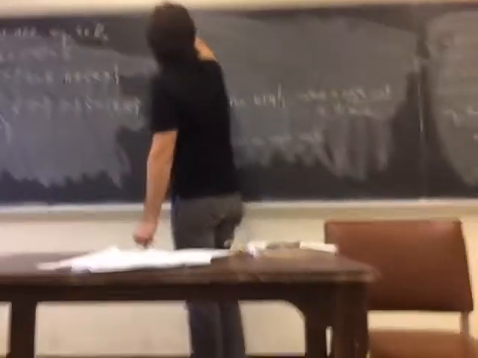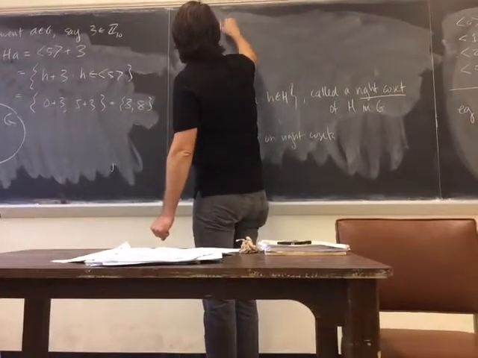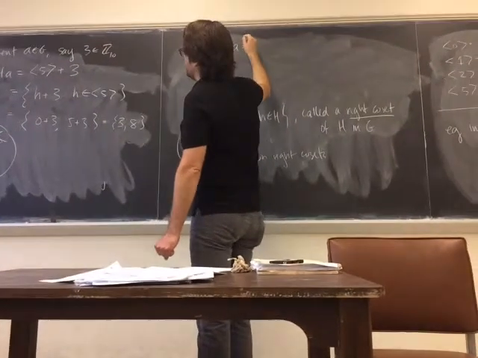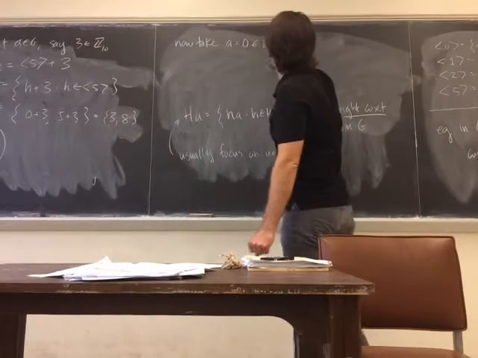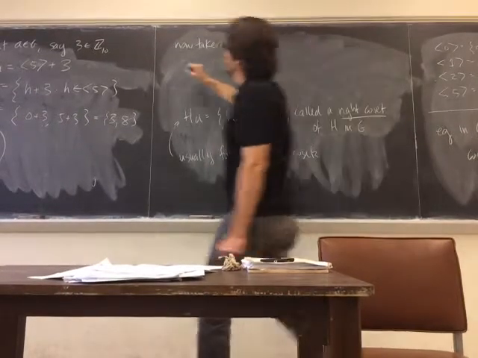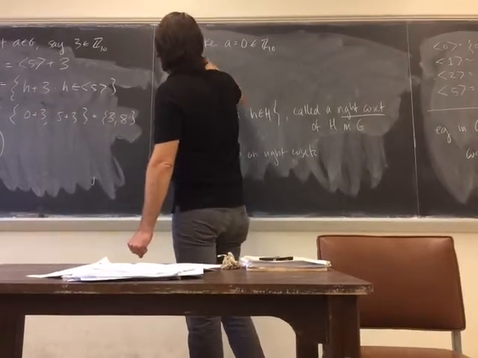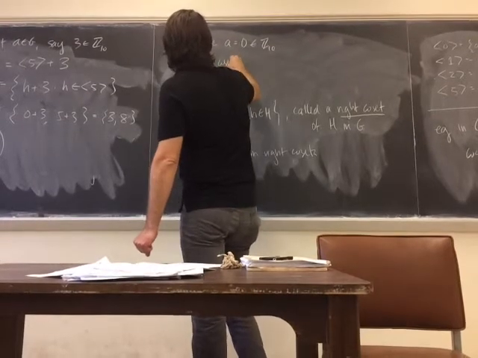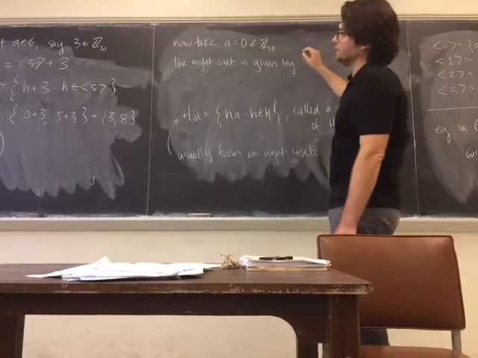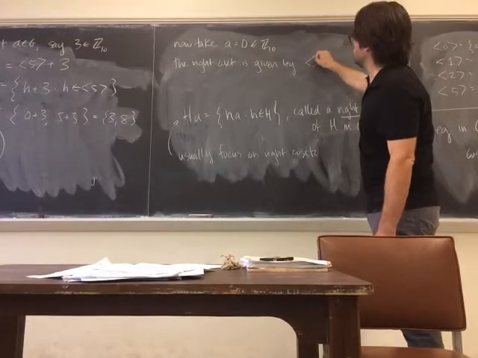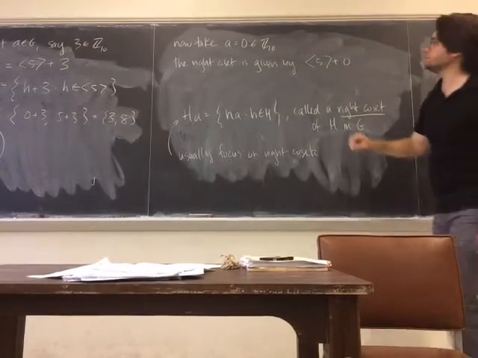Now let's say, take A to be 0 in Z10. The associated right coset is given by, right, you take the subgroup and you add that element.